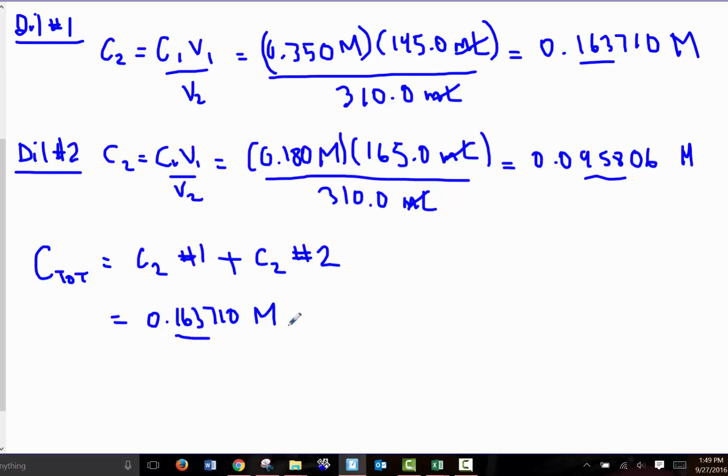Okay, plus my second calculated concentration, 0.095806 moles per liter. And I had 3 sig figs from there. Now notice all of a sudden I am doing an addition. So the addition subtraction sig fig rule applies here. I have to round my answer to the least number of decimal places. So let's go ahead and do the math.